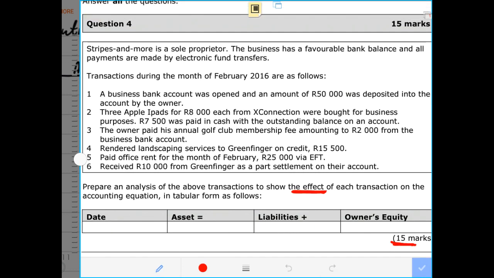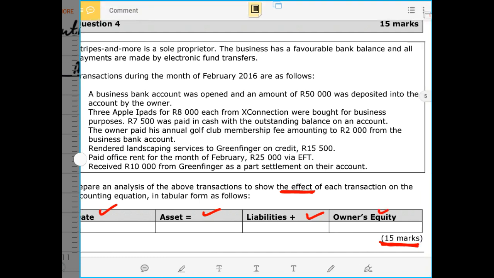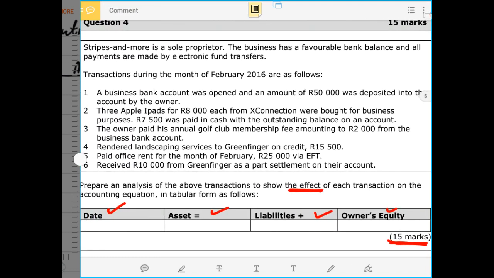And take note, that is a full 15 marks. So now it will be the date, the assets, the liabilities, the owner's equity, and the last part will be the details, but they do not provide the column for details in this case, but we have to also take the details column into consideration.